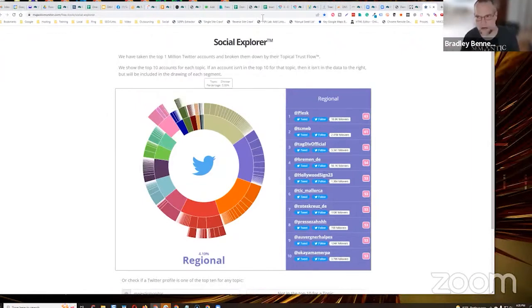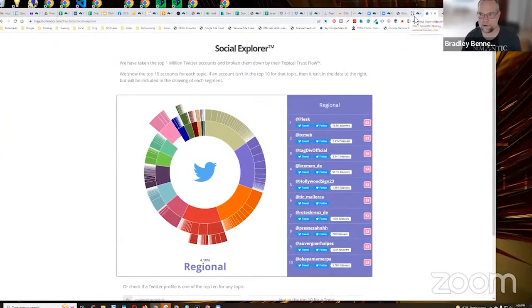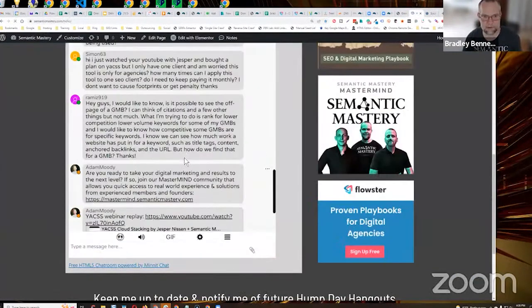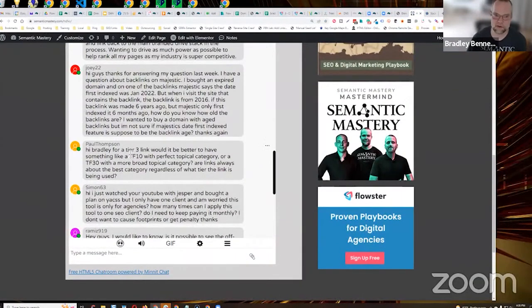So to get back to your question, if you can get both a trust flow 10 in the most appropriate topical trust flow category, use that for tier 1 to link directly to the money site. And then if you can get a trust flow 30 that is in a related category, just use logic, right?